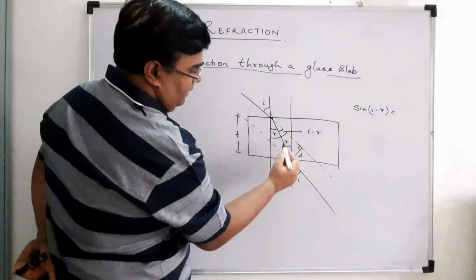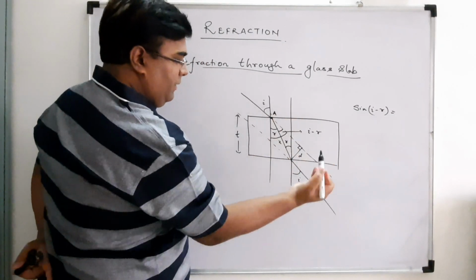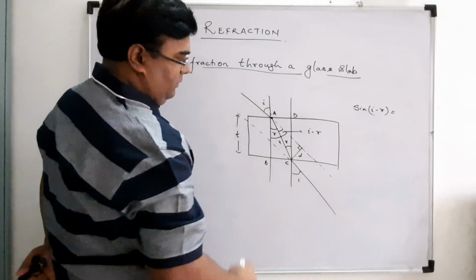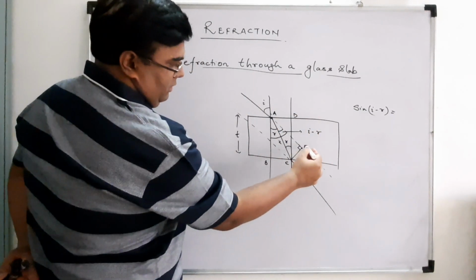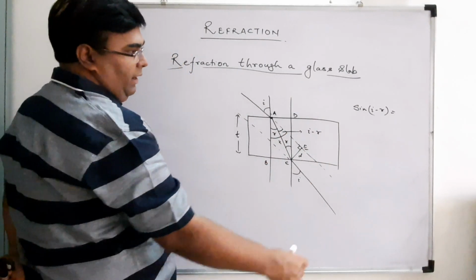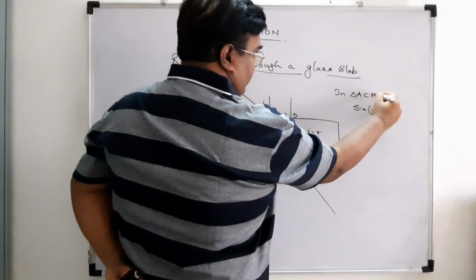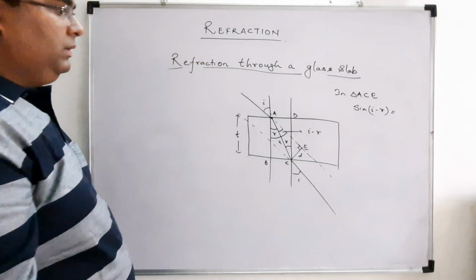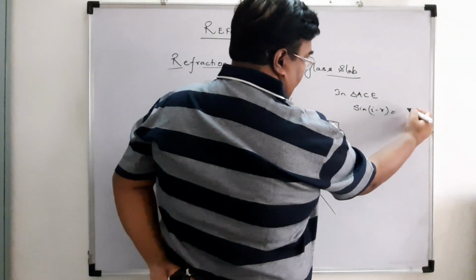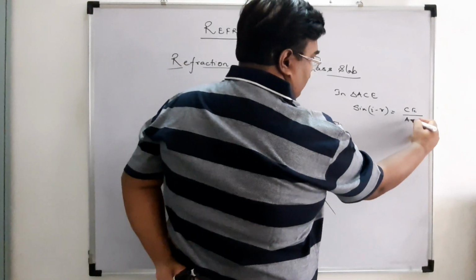Let's name the points: this is A, this is B, this is C, this is D, and this is E. So in triangle ACE, sine of I minus R we can write as CE, the perpendicular, upon AC, the hypotenuse.